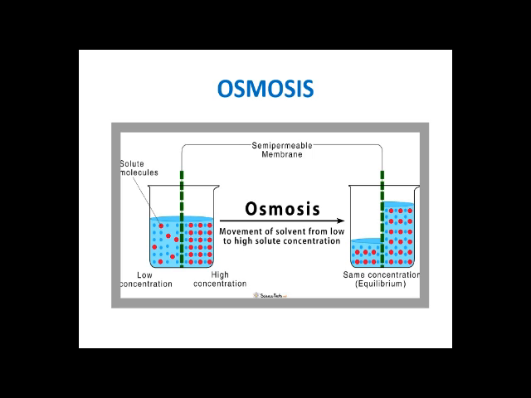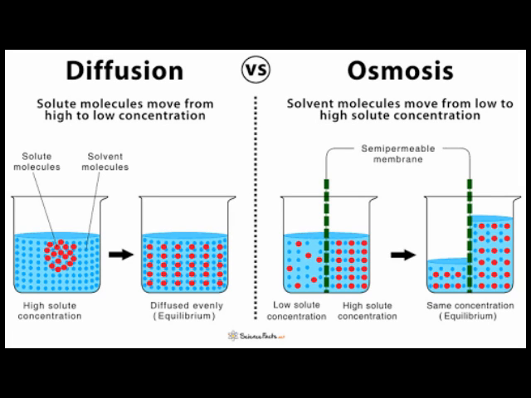When we see the difference between diffusion and osmosis, diffusion is spreading of solute molecules inside a solvent. I mean solute molecules move from high to low concentration. But in osmosis, solvent molecules move from low to high solute concentration.